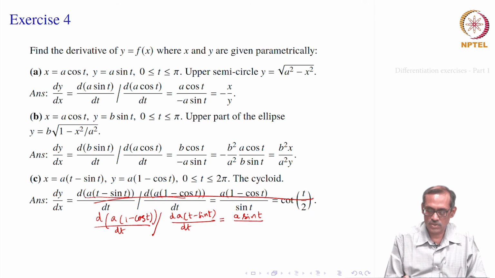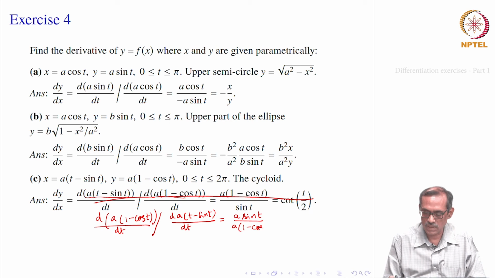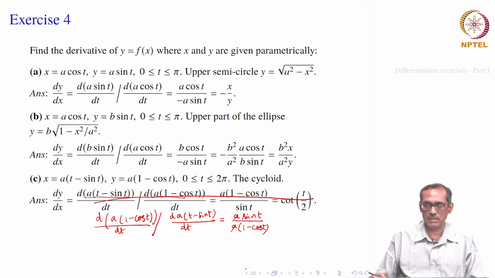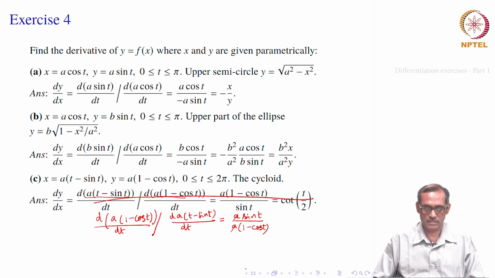Divided by, a remains and the derivative of t is 1, minus sin t gives cos t. So, it is a sin t divided by a into 1 minus cos t. It is easier to keep as it is, because a just cancels, you get sin t divided by 1 minus cosine t.